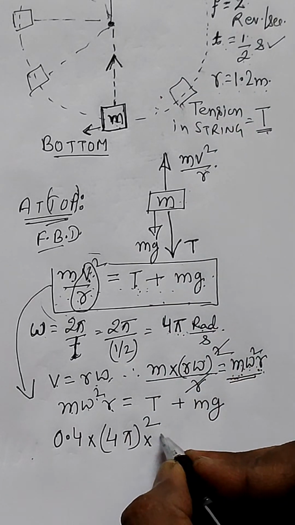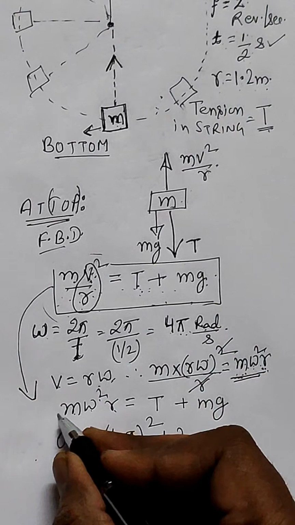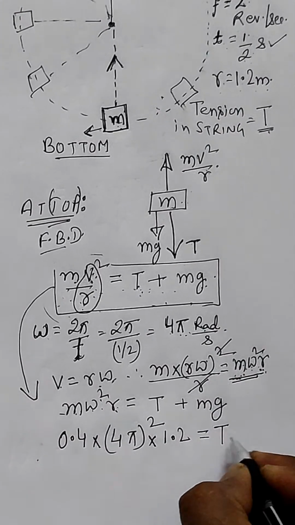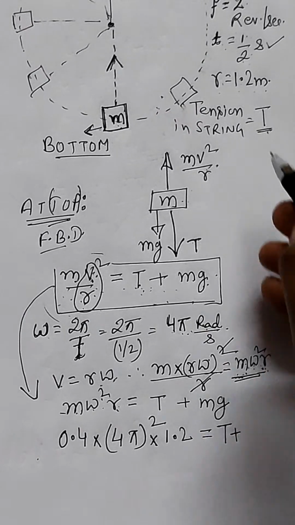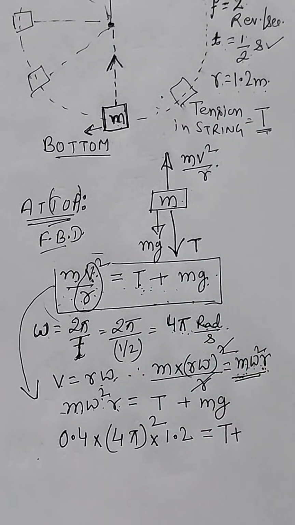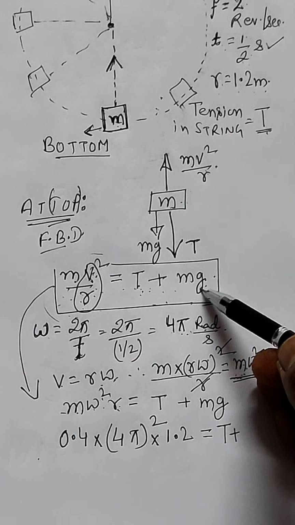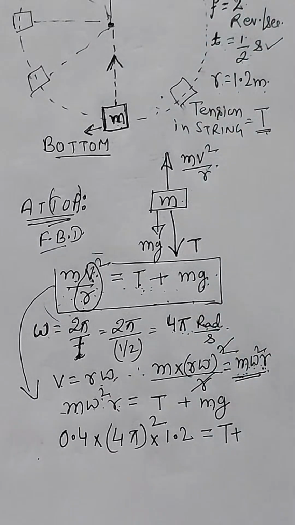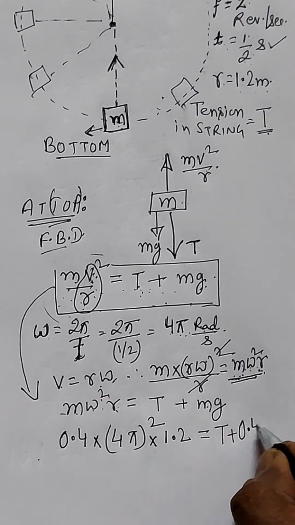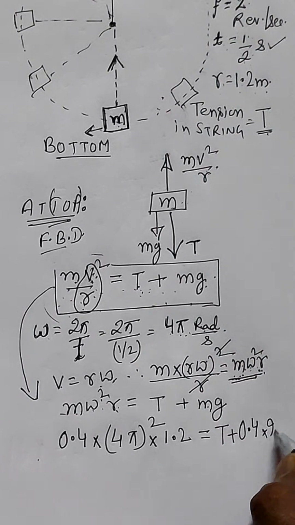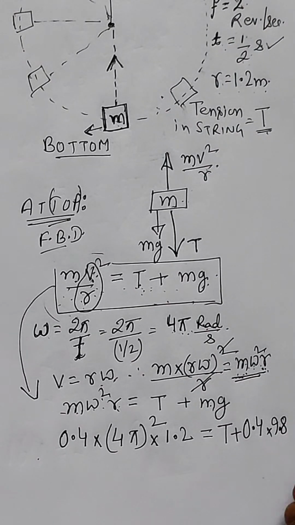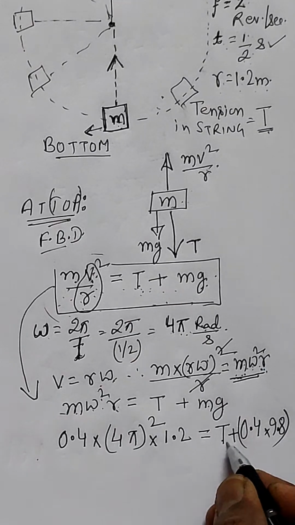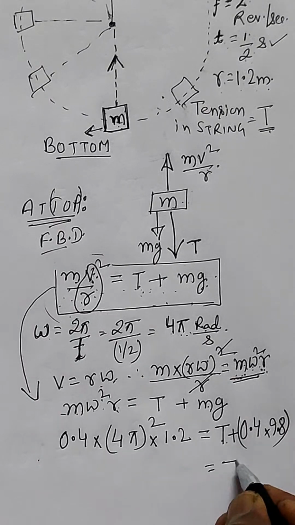So this is m omega square r equal to T plus mg. It's also given in the question the value of g, acceleration due to gravity, is 9.8 meter per second square, and m is 0.4 kg. So 0.4 into 9.8 meter per second square, right? So from here you can calculate the value of T. What will be the value of T?